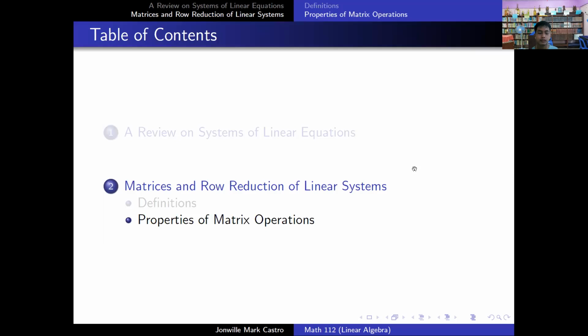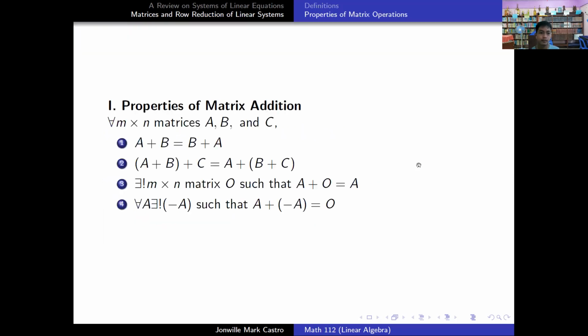Okay. So let's look at properties of matrix operations. For all m by n matrices A, B, and C, so we have properties of matrix addition. A plus B is equal to B plus A. So this shows commutativity. Next property is associativity.